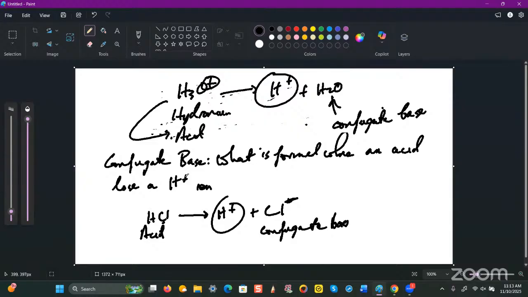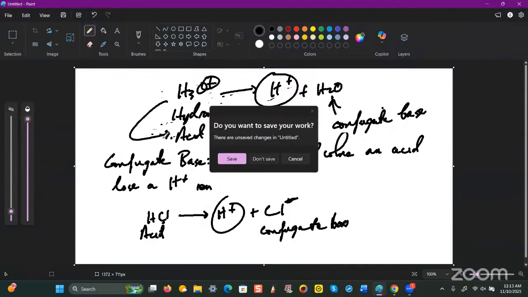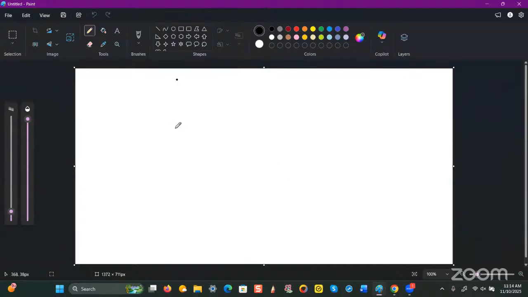So, okay, so that's a conjugate base. Now the conjugate acid is basically the reverse of that. I'm sorry, I was confusing it. We're going to talk about conjugate acid now.